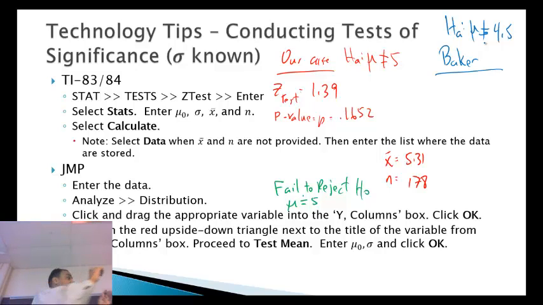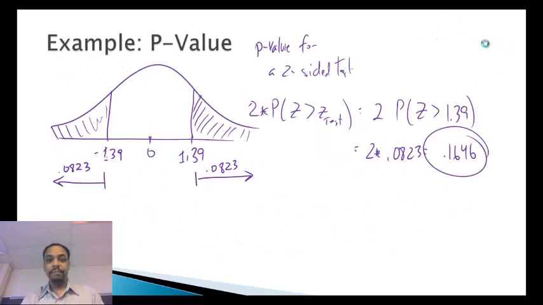You guys should be thinking already in your heads, right? If the mean value is 5 and we have a sample mean of 5.31, well, 4.5 is further from 5.31 than 5 was. So we should have a smaller p-value and a larger test statistic. Going back in time, with 5.31 and 4.5, we should be further out in the tails with smaller probabilities.